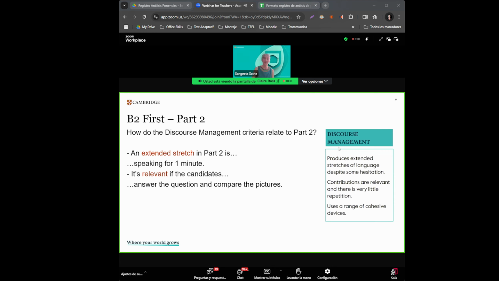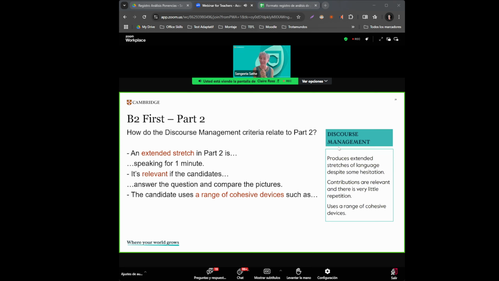Okay, another one for you. The candidate uses a range of cohesive devices, such as, what kind of cohesive devices might you expect to see in part 2? Okay, whereas, while, lovely. On the other hand, nice, however. In contrast, yeah, lovely.